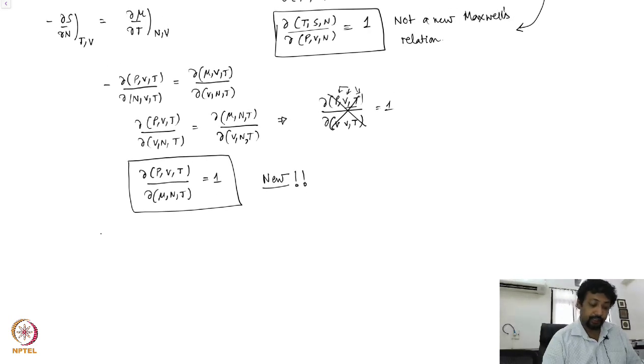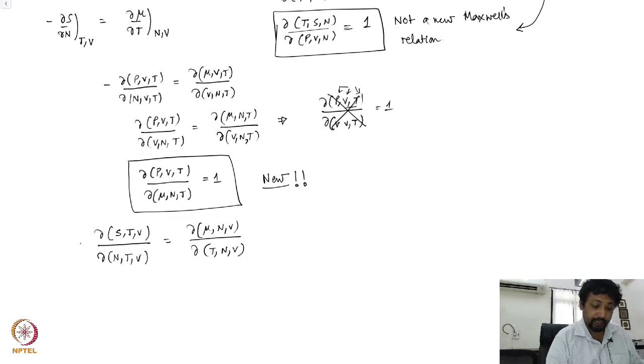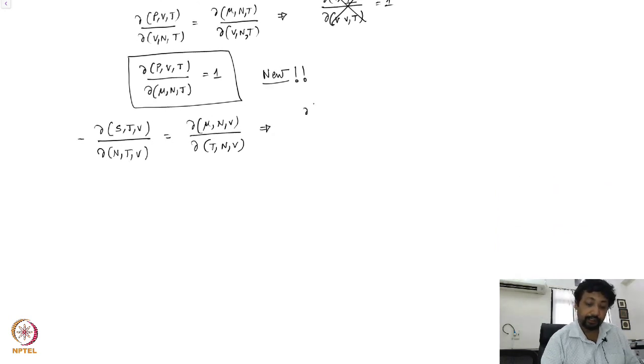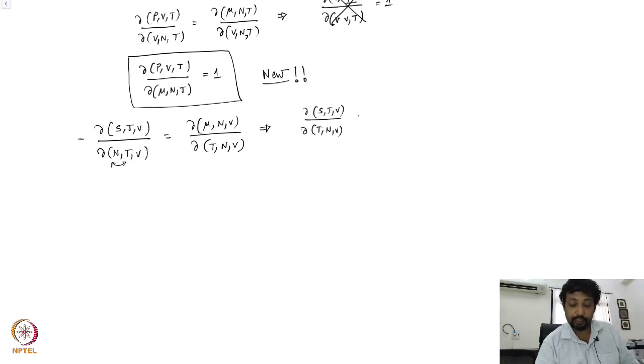Finally, the last one is del of STV, del of NTV is equal to del of mu NV and del of TNV. There's a minus sign in front of it, which implies this becomes del of STV, del of TNV. I absorb the minus sign by switching N and T here, is del of mu NV and del of TNV.